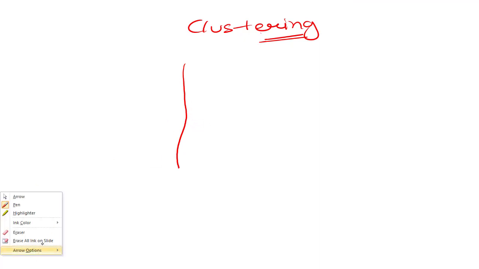So what is clustering? Just bear with my handwriting, because my pen is working badly, but no worries. Let's assume that you have an x and y plane where you have two features.